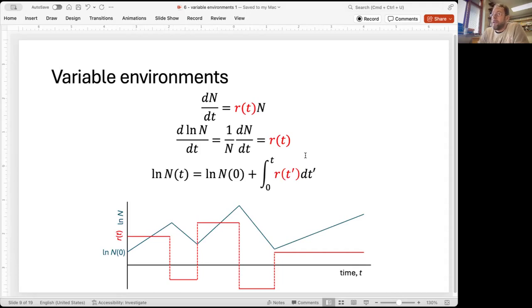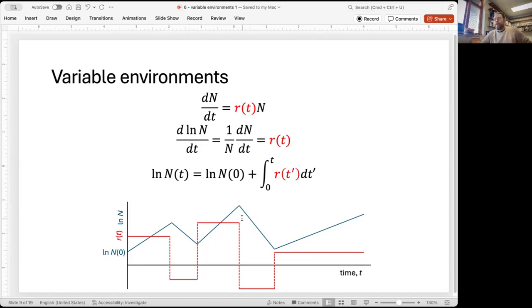So we can also solve this. If you want to know what the log population size is at any given time, you take what the initial log population size was, and then you simply integrate the growth rate up to that current time. So at first we were moving forward, and we put it in reverse, went backwards, moving forwards, and so on.